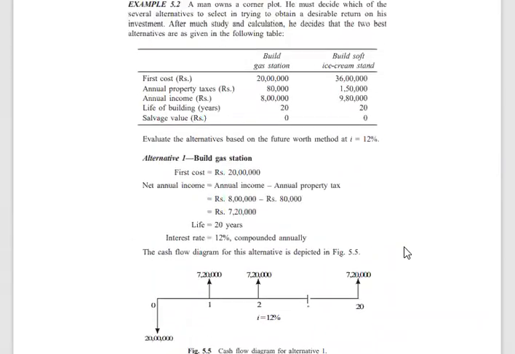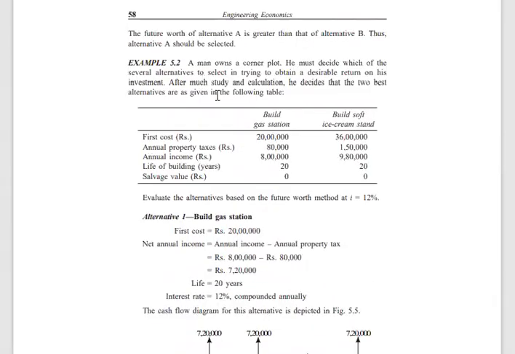Likewise now, a man owns a corner plot. He must decide which of the several alternatives to select in trying to obtain a desirable return on his investment. After much study and calculation, he decides that the two best alternatives are as given in the following table.